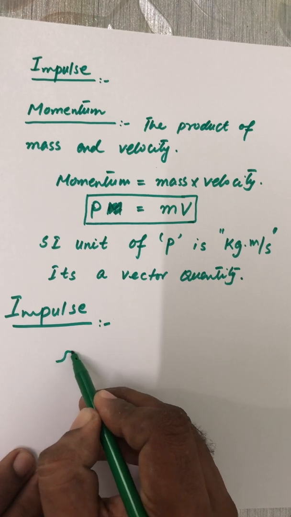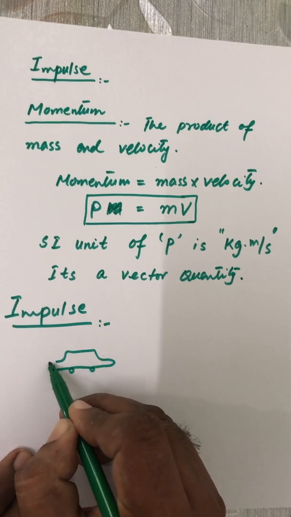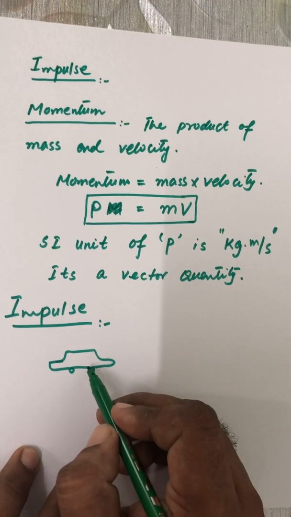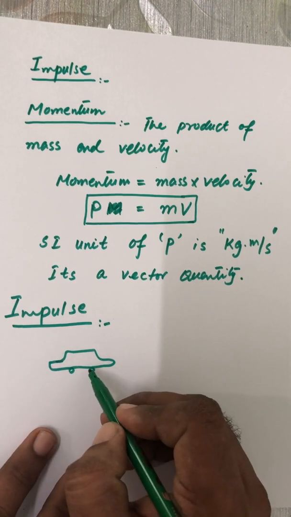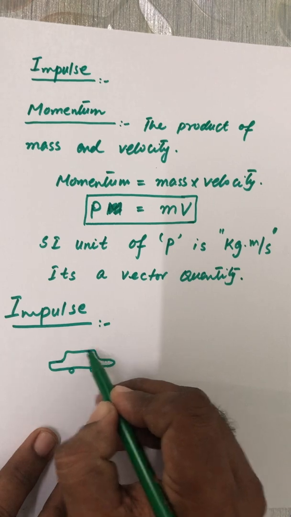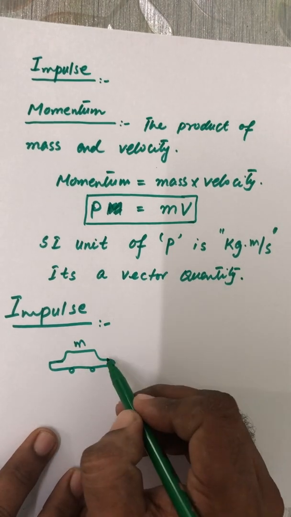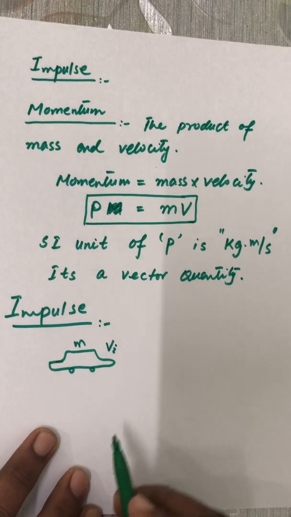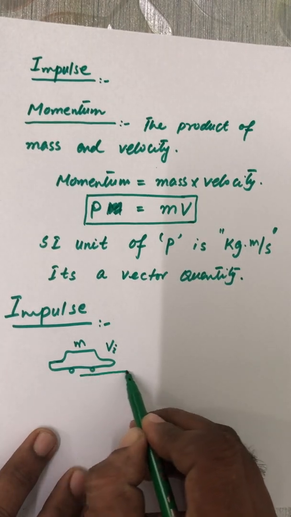For example, there is a car, and this car has some mass m, and it's moving at initial velocity vi, you can say. So it will take some time.